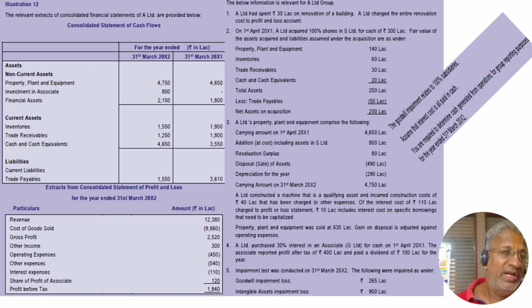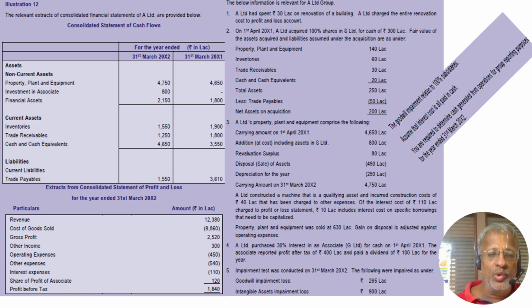There was no intangible asset at all. You have PPE, and next item investment in associate and financial assets. So this figure of 900 is not related to that. Therefore I am ignoring this 265 also. I am taking up only 100. So when you prepare statement of cash flow for operating, I will add back only 100. So have that in mind. These are the inconsistencies that you have.